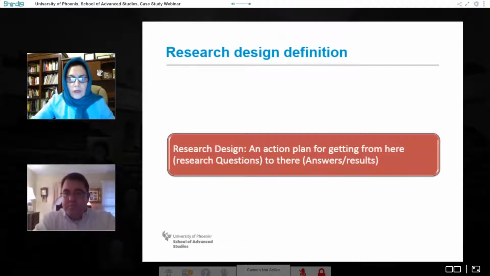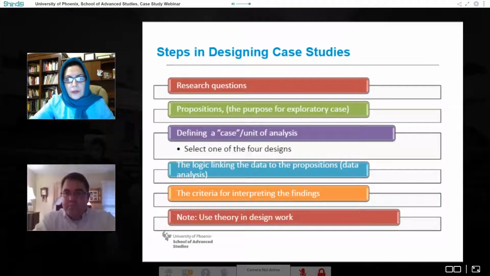If you go to the next slide, these are the steps that Yin suggested. Merriam has a different set of procedures, but like I said, as long as you are following one of these, you should be fine. The first step is the research question that I explained briefly earlier.